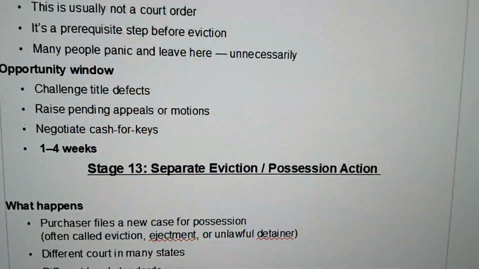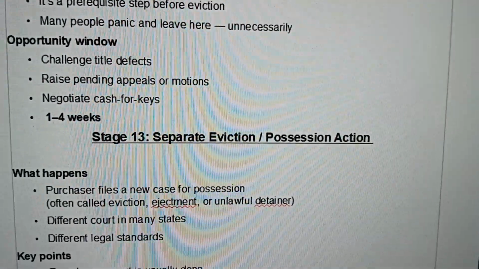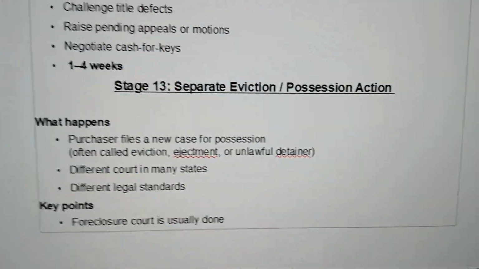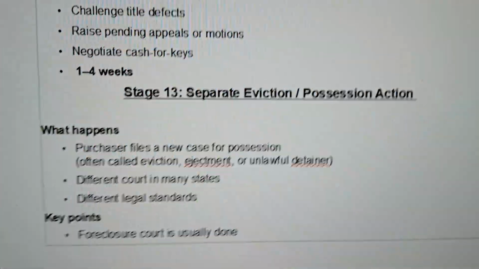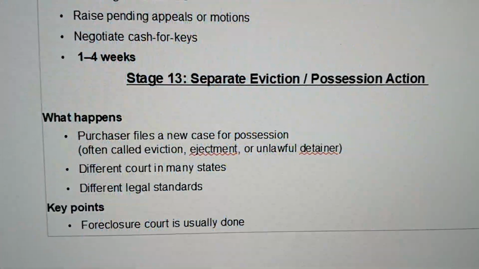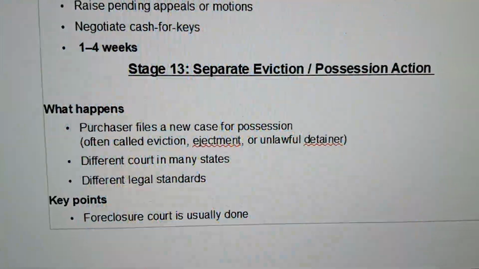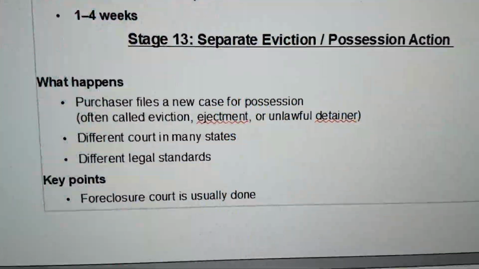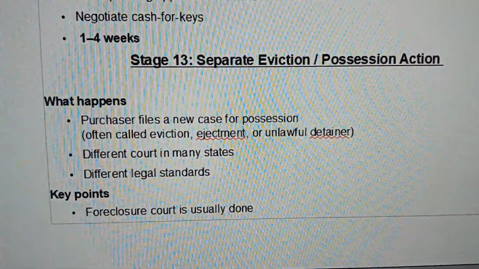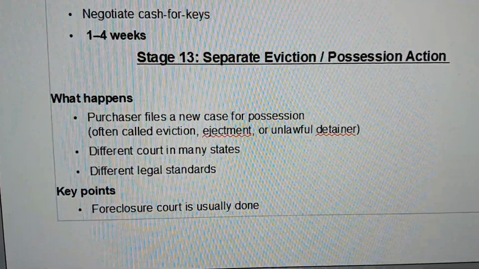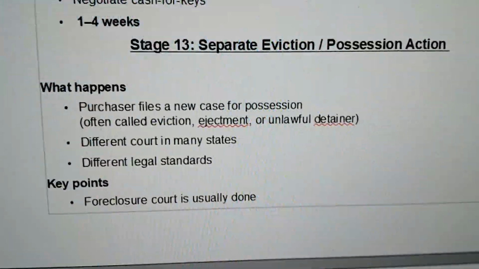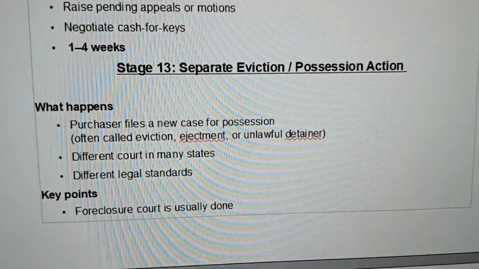Stage 13, separate eviction, possession action. What happens? The purchaser files a new case for possession, often called eviction, ejectment, or unlawful detainer. Different court in many states, different legal standards, depending on your state. Key points.